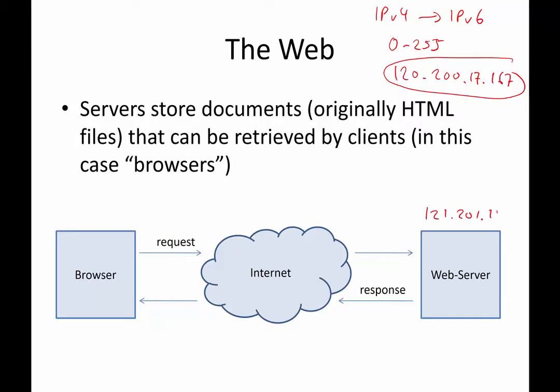I'll just add one every time because I'm lazy and don't want to think of a new one. So this is ours, and this is the server IP address. Just making it up, there's no link between them. That's how the packets I was talking about are being addressed. It will say this is coming from 120, blah blah blah. It's going to 121, blah blah blah.